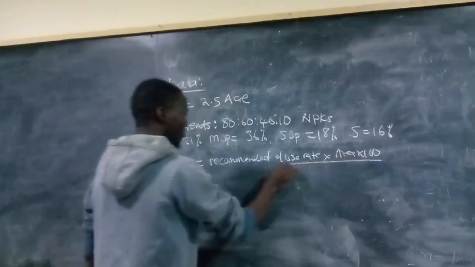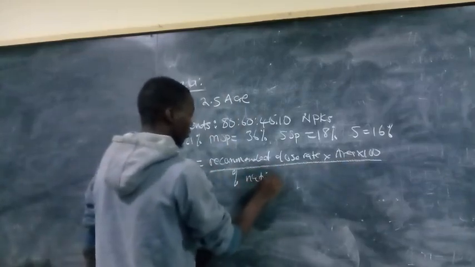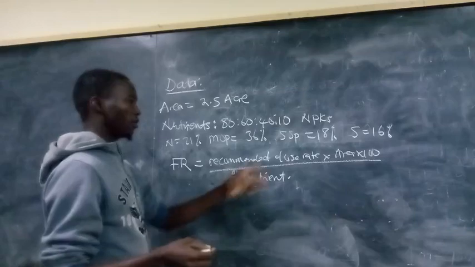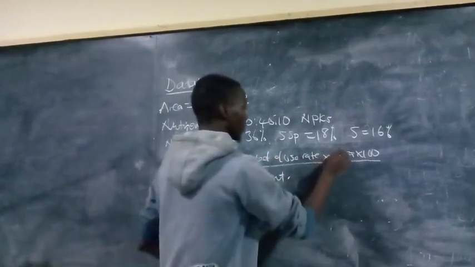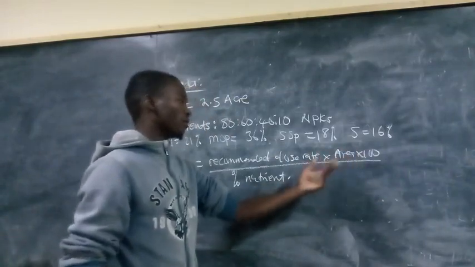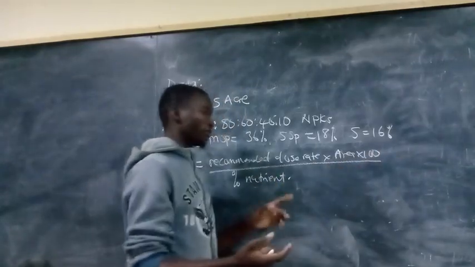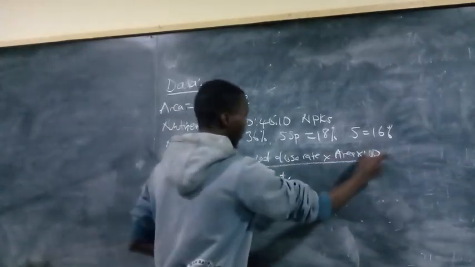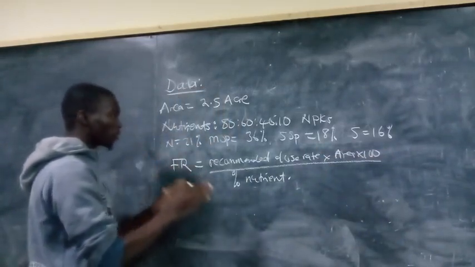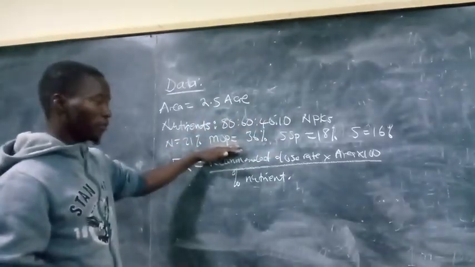You divide this by the nutrient percentage. Remember, you may say 100 by area, or you may say 100 times the area. It's just the same. There's no difference. So our recommended dose rates are these figures that are given here for the different nutrients that we are calculating for.